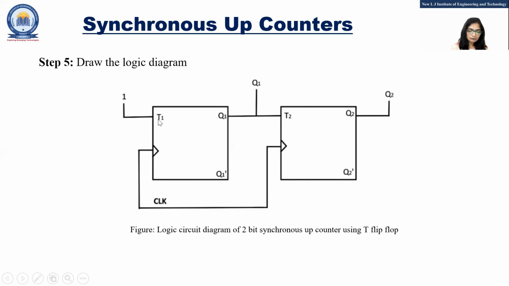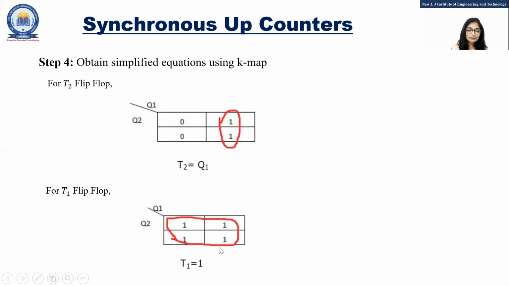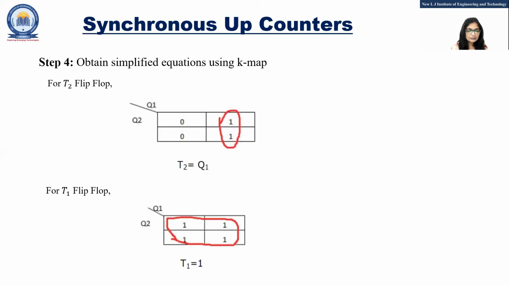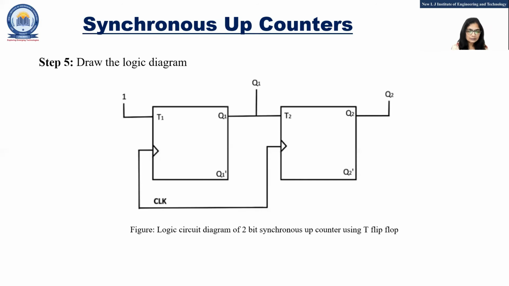Here T1 is equal to 1. That's why logic 1 will be connected to this T1. What is T2? T2 is equal to Q1. So this Q1 will be given to T2. Right? Here we will get output Q1 also, and then Q2.